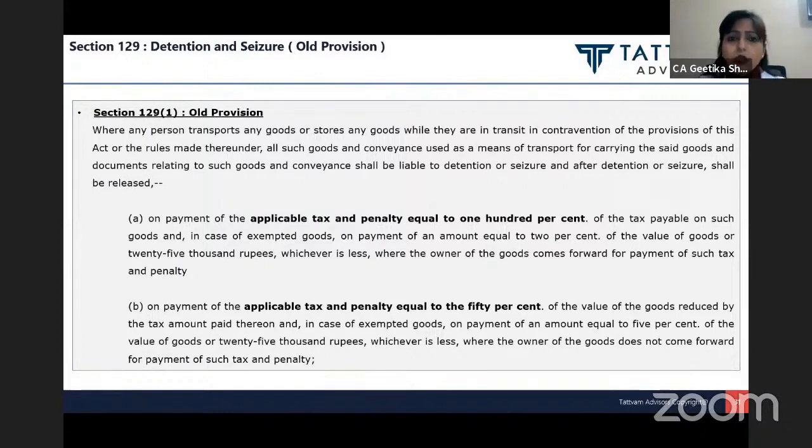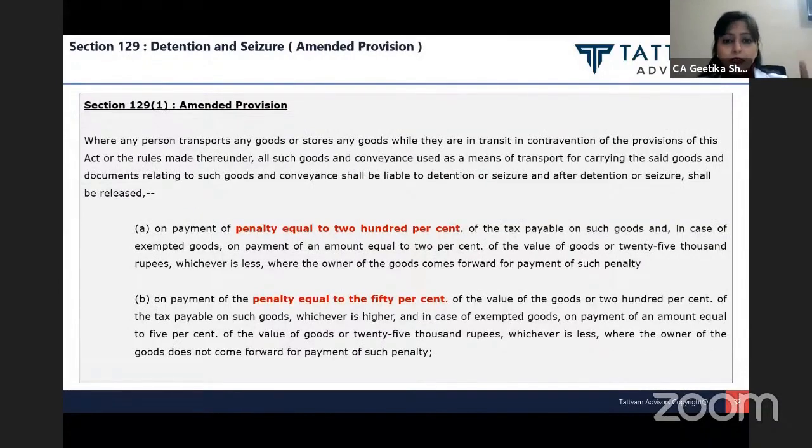So again, there were a lot of ambiguities around whether this is in the nature of tax or in the nature of penalty. If it is in the nature of tax, can someone take the credit, etc. While all this was being discussed and creating confusion and ambiguity amongst the taxpayers, the government has very clearly and cleverly come up with this amendment saying that whatever we are collecting from you is in the nature of penalty, and they corrected the word from tax to penalty, covering everything under penalty.